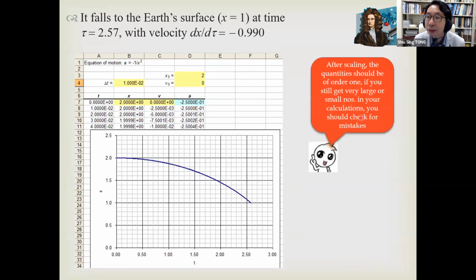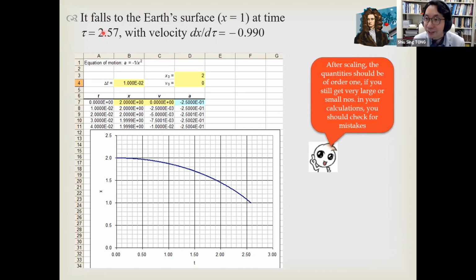So you better choose a time step that is much smaller than the time scale. So here I choose it to be 0.02. 0.02 is much smaller than 1, because I expect that the typical time scale in which things happen will be of the order of 1. And this is exactly what I observe.